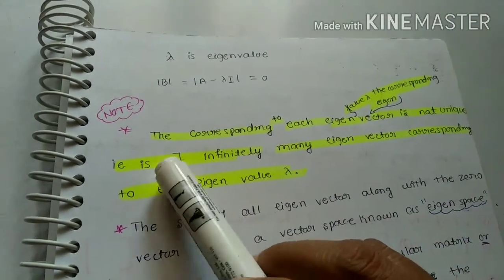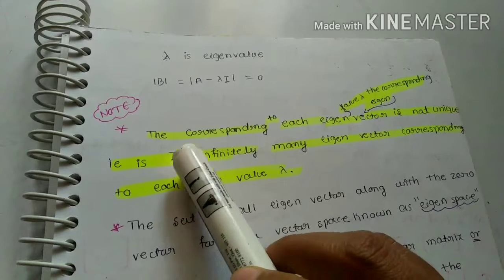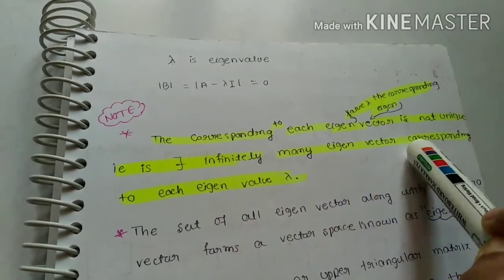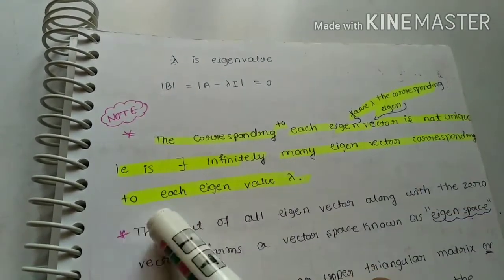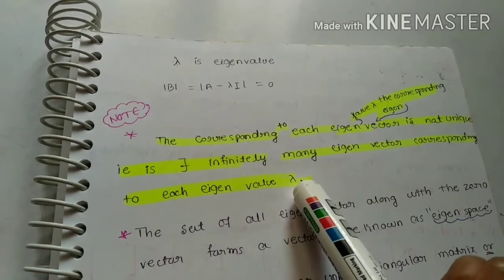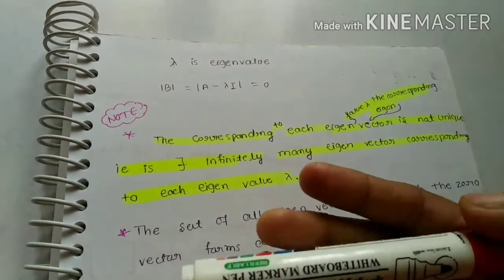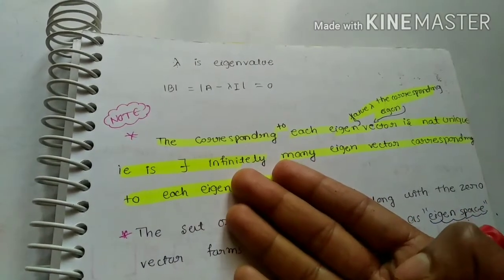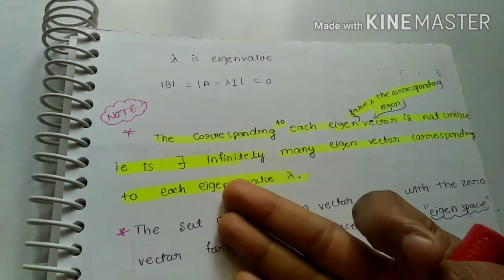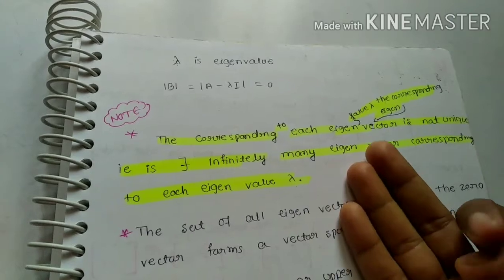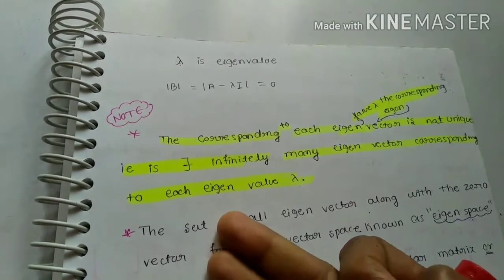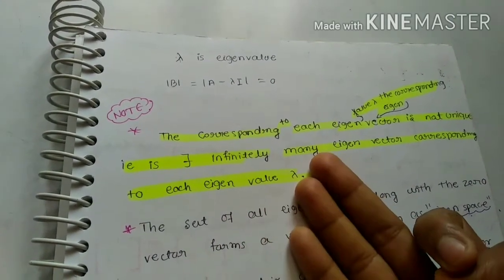There are infinitely many eigenvectors corresponding to each eigenvalue lambda. So this is what I said here: for a single eigenvalue you will get infinitely many eigenvectors.